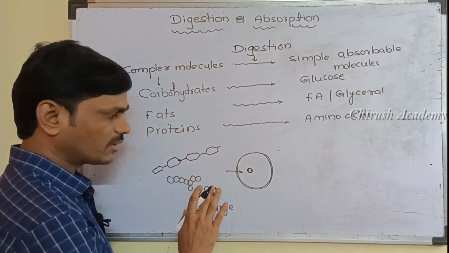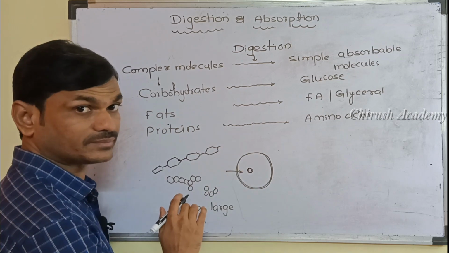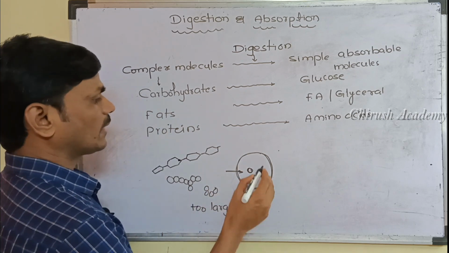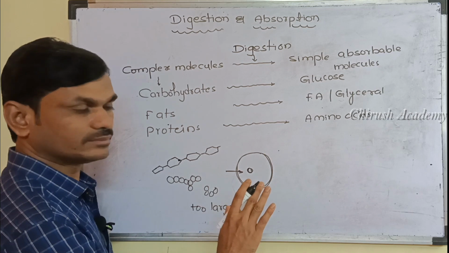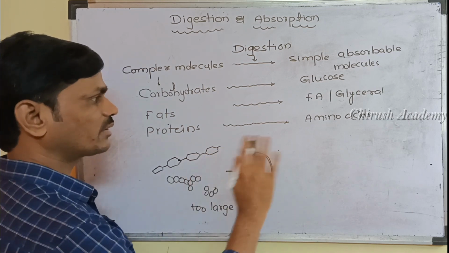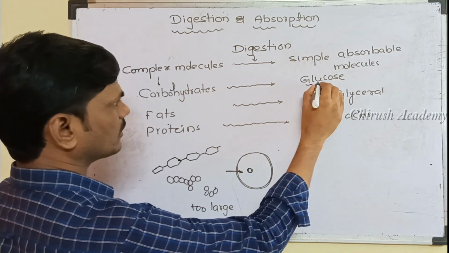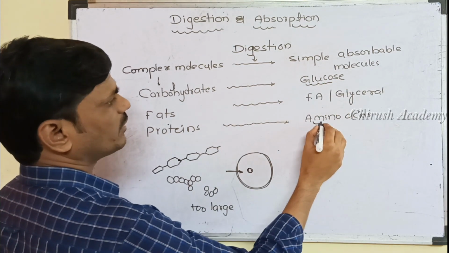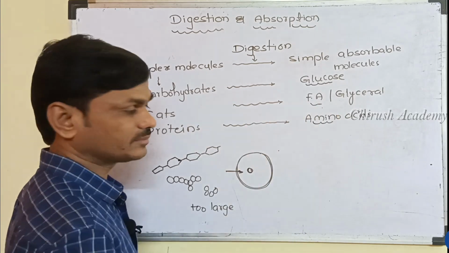They are too large to cross the cell membrane. So they should be broken into small pieces, or smaller molecules, that is glucose, amino acid, fatty acid.